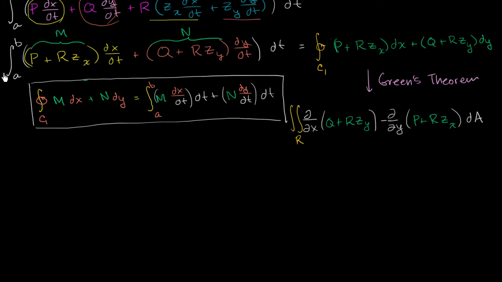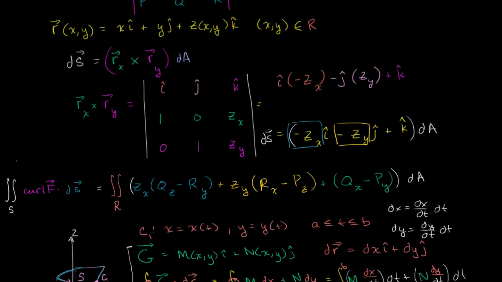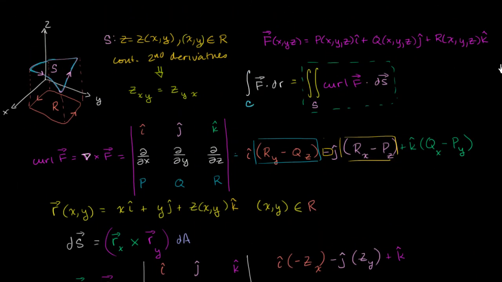And we need to remind ourselves, and we did this way up here where we first thought about it, that P, Q, and R are each functions of x, y, and z. So we're assuming that's how they're represented. And if z was not a function of x, then if we were to take the partial of Q with respect to x, we would just write it as the partial of Q with respect to x.